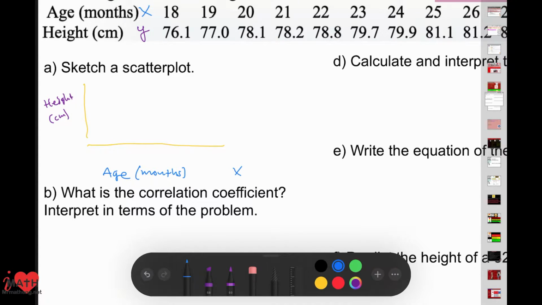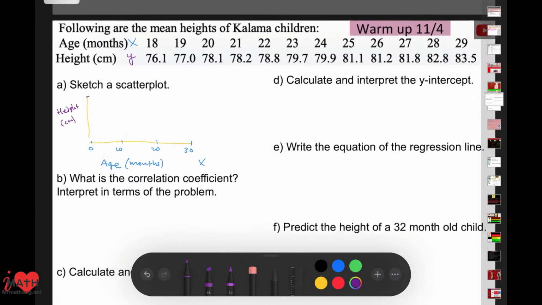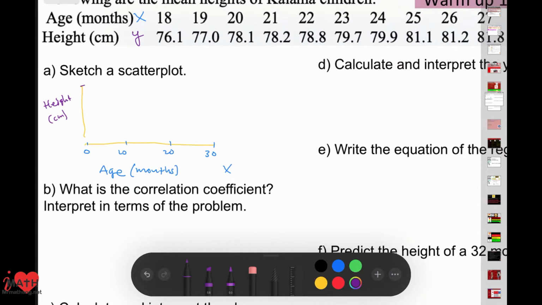Now, if you want to show that there is a big gap, you can, but you don't need to in scatter plots. And then I see from 76 to about 80. So go with 20s.